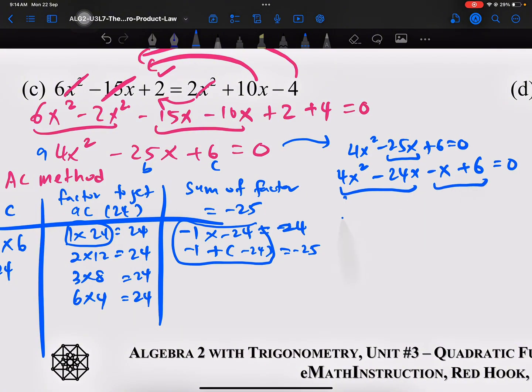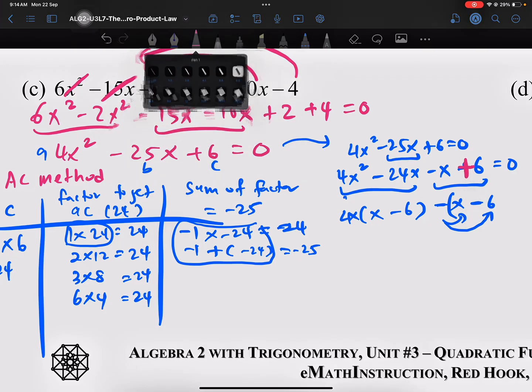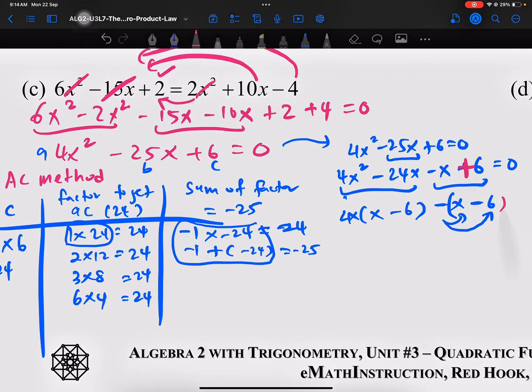So 4x out, so x minus 6. This one must be very careful, so I factor out minus x. I factor out only minus. Okay, this one become correct, but this one I need to put 6 because if I multiply minus with minus, I will have the original is plus here. Okay, then I close bracket, equal 0.